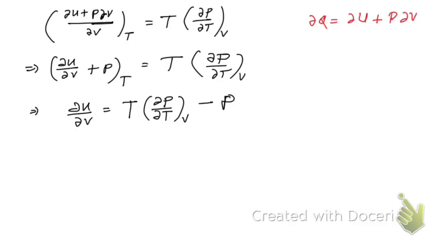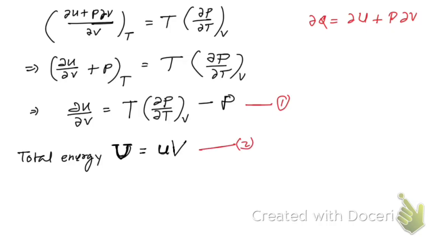Now, since V is the volume of the enclosure we have considered, the total energy of the radiation inside the enclosure, let me denote it by capital U, not small u, since we have considered small u as the energy density, will be U into V. Let me take this as equation number 1, and this as equation number 2.